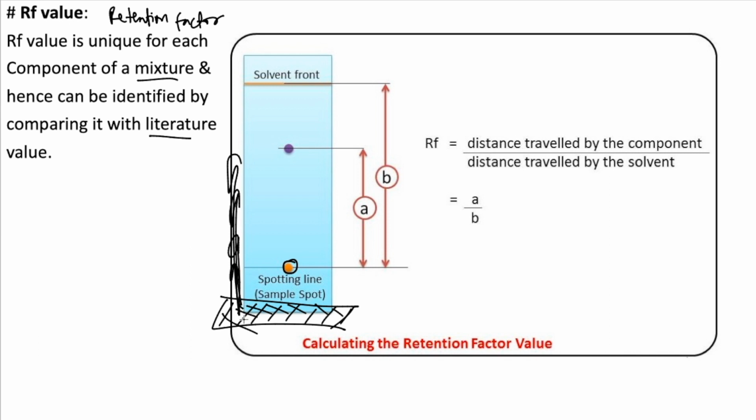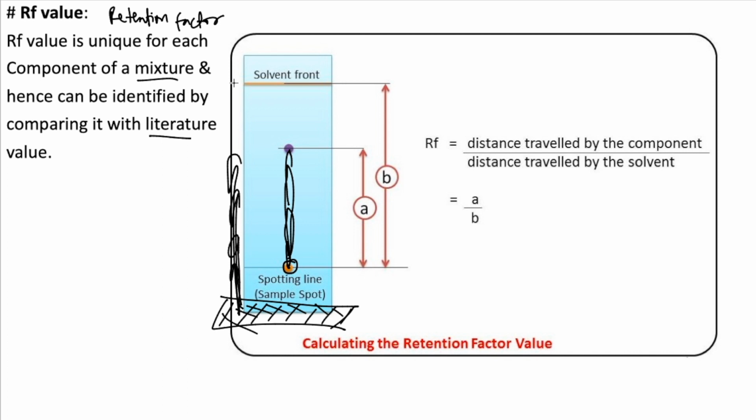The solvent is going to rise up, and along with that liquid, this spot is also going to become broader and broader. At the end, let's say it reaches this point. So this is the final position where the component has moved. That is A. This distance is for the component which has moved, but the solvent is not going to stay up till here.